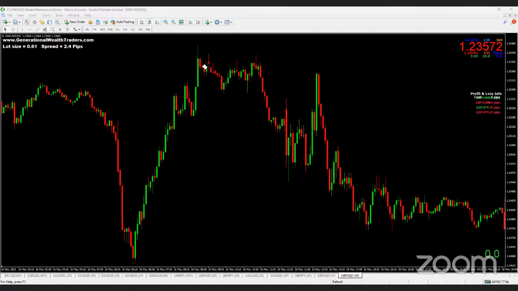So as opposed to it just coming down like so, it still came down, but at a different angle, and it went up at a different angle, as opposed to going up like so and then dropping.